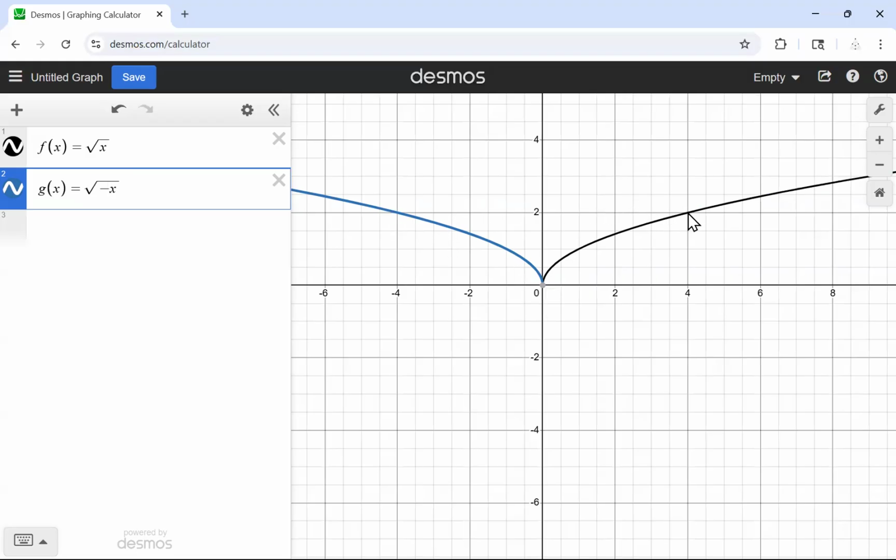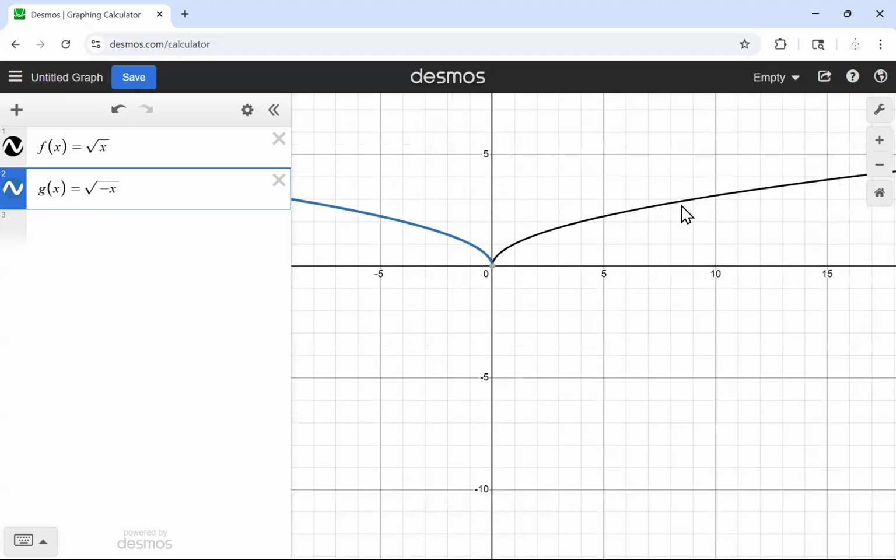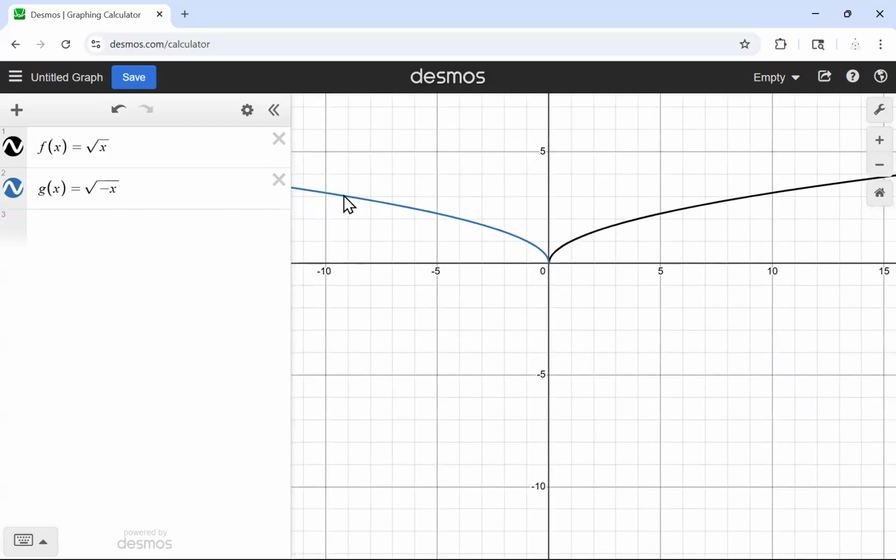Now every point like 4, 2 gives me a point which is the negative x value, comma 2. Negative 4, 2, for instance. And 9, 3 becomes negative 9, 3.